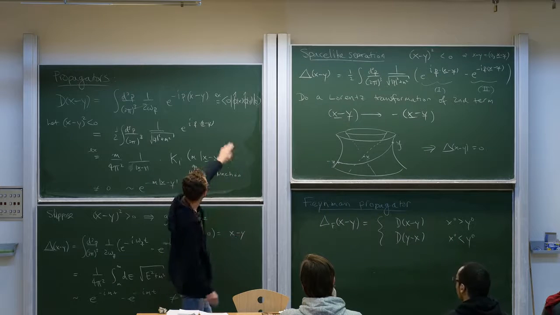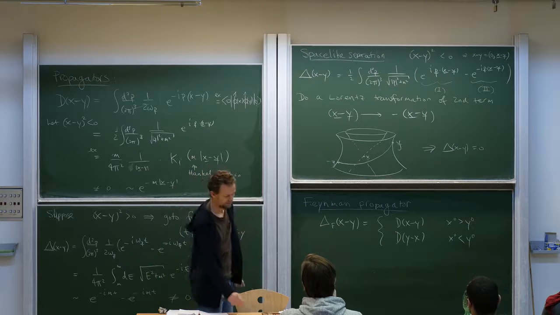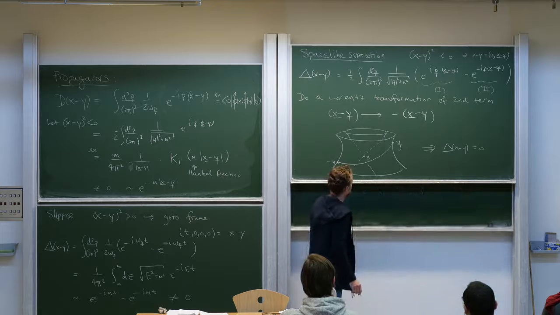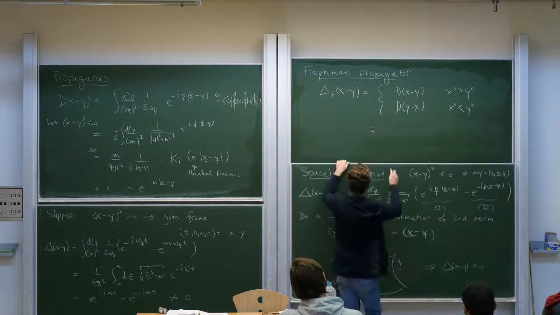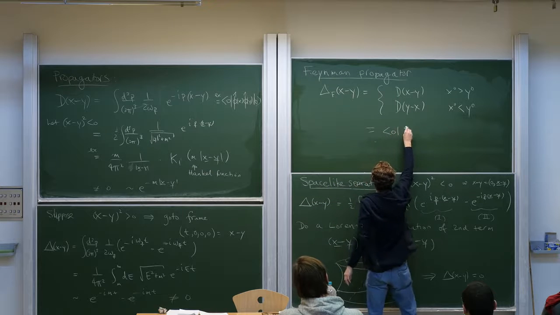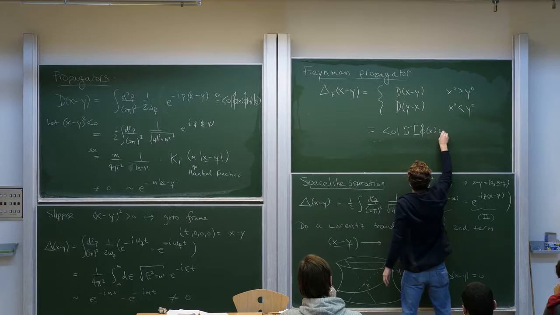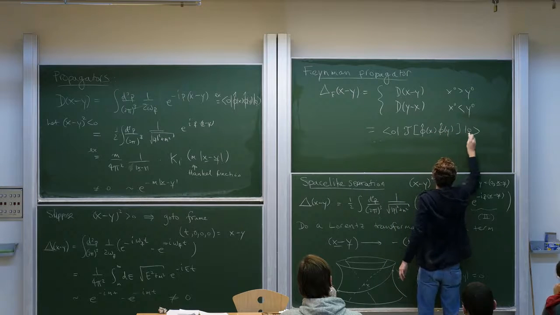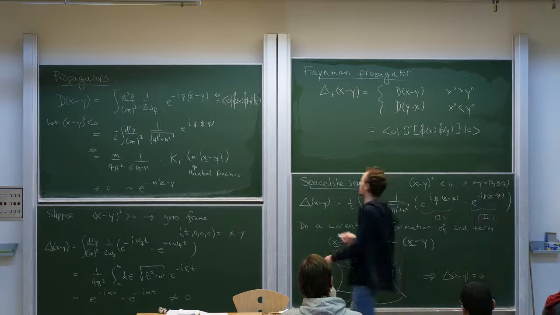Well, it's exactly that thing there, but with these guys flipped. So there's a rather simple deduction you can make here. Where T is this thing called the time ordering operator.